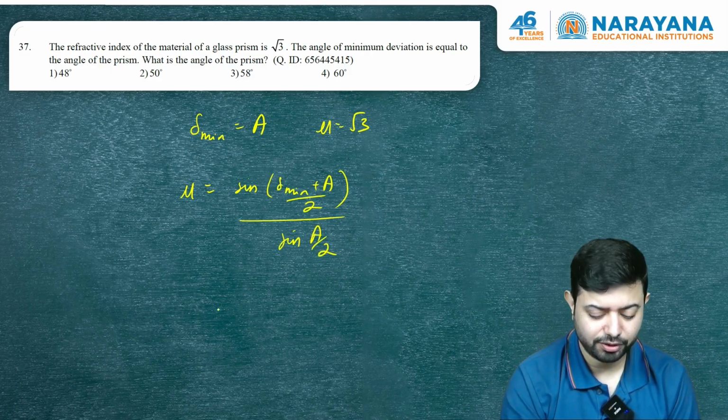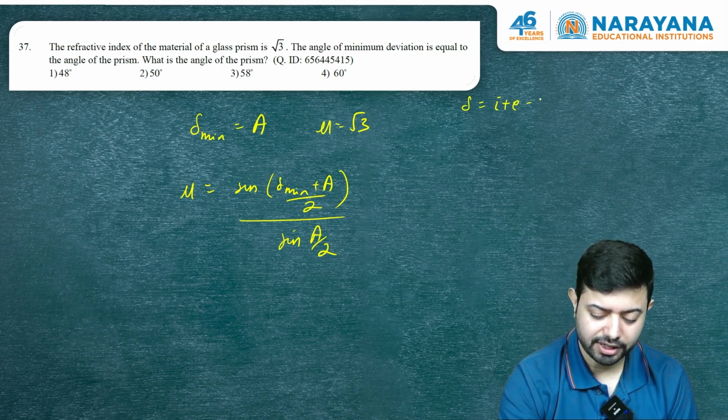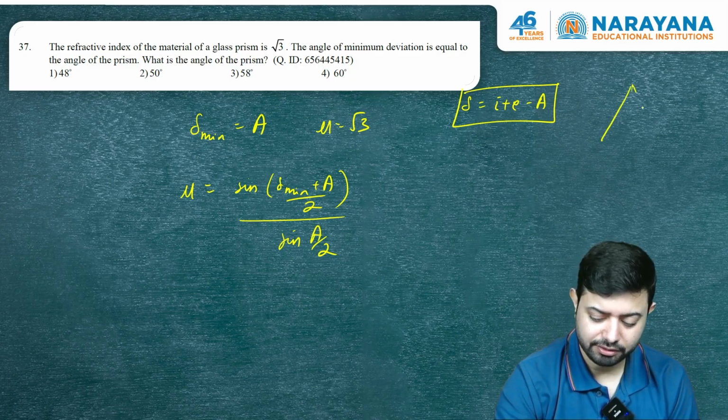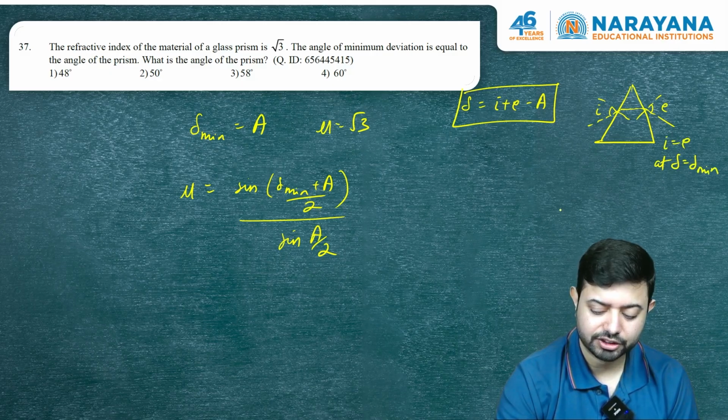It comes from the concept of i plus e minus A, and at minimum deviation the angle of incidence and the angle of emergence both are equal.